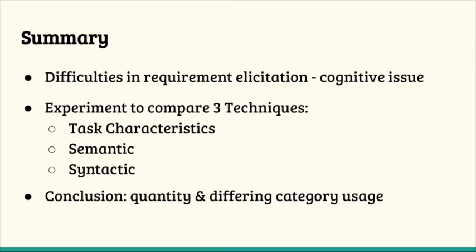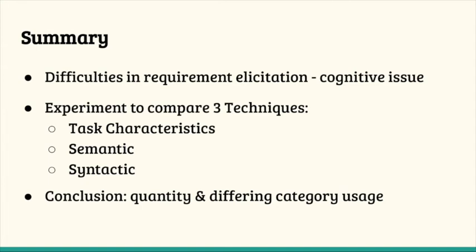In summary, this paper discussed the difficulties in requirement elicitation and why we should solve the cognitive issue as one type of difficulty. Then the paper went through a new prompting technique called task characteristic technique, which utilized both substantive prompts and procedure prompts. In order to test the effectiveness of this, 2 other prompting techniques, syntactic and semantic technique, are used as control and treatment group.